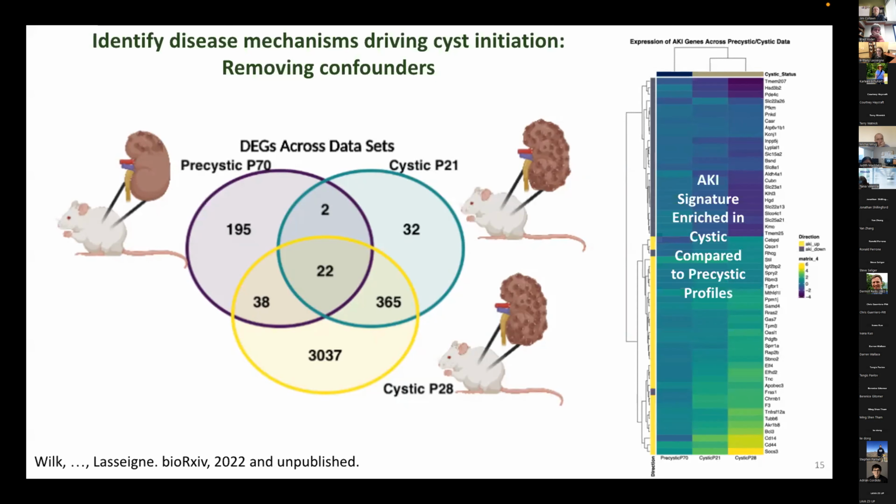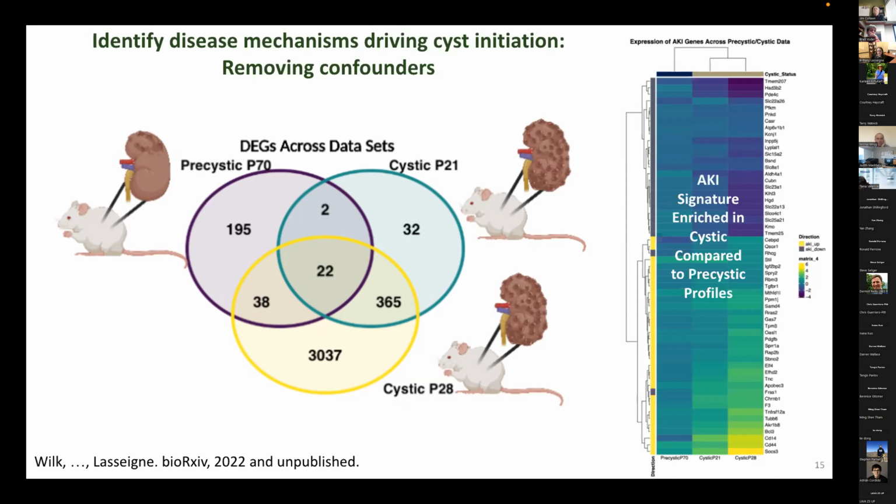So then the heat map that you're looking at here on the right side of your screen, what we did was we used these genes to subset the differential expression results that we found in our pre-cystic and cystic data, to ask how much overlap there was between the AKI gene set and the PKD gene sets, and whether the fold changes of those genes were greater in the cystic compared to the pre-cystic.